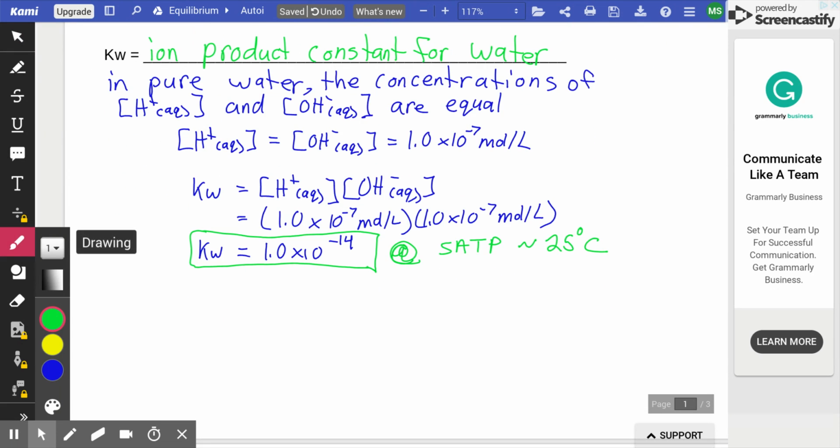So this Kw value, the ion product constant for water, we write without units. And it is very temperature specific. So if the temperature changes, the Kw changes.